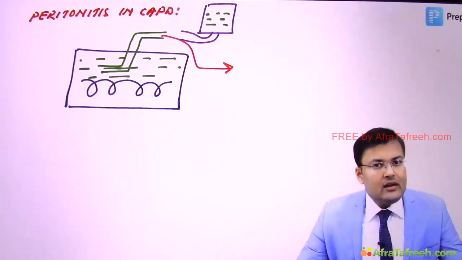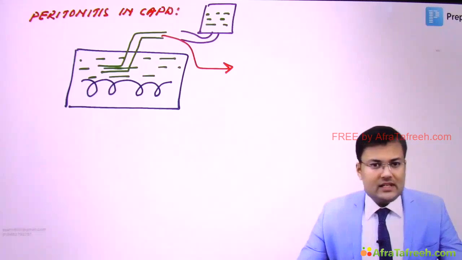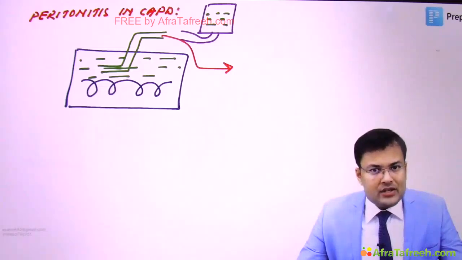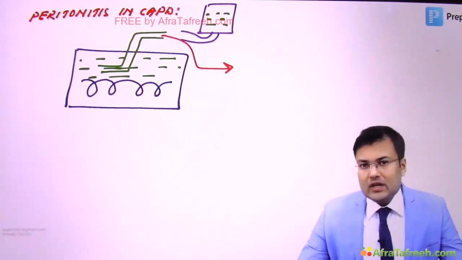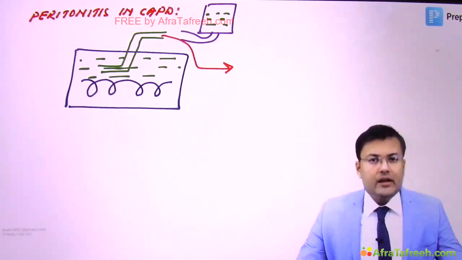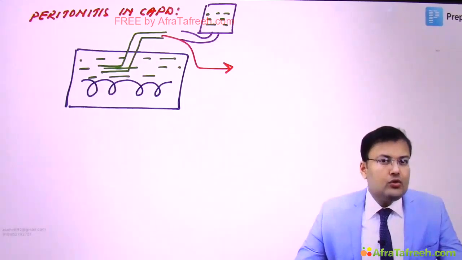This is done on a daily basis. Clear? And the fluid stays for 4 to 6 hours in the peritoneal cavity. Since it is done in an ambulatory patient on a daily basis, what's the name? It's known as chronic ambulatory peritoneal dialysis. Now the problem: you must know that there is one organism which is going to colonize implants and catheters.